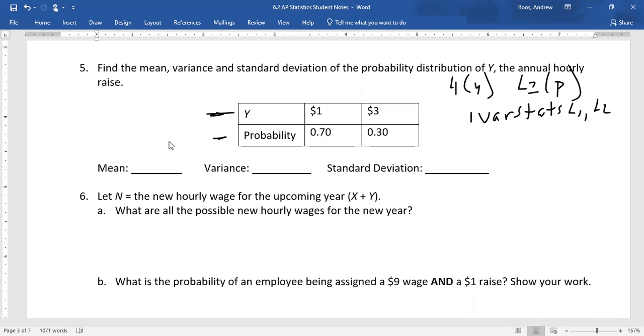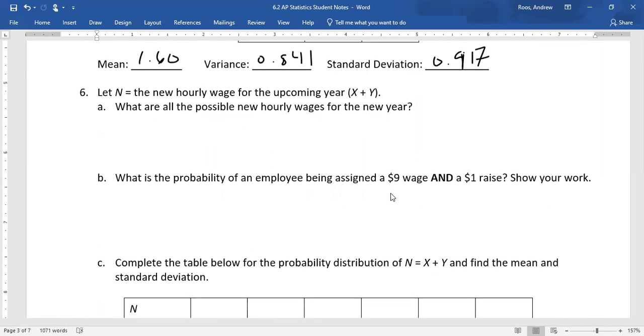Hit enter, and then that should give you the mean, the variance, and the standard deviation. Okay, so you should get a mean of about 1.60, variance of about 0.841, and a standard deviation about 0.917. Okay. All right, next one.